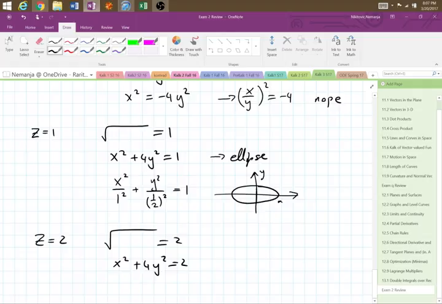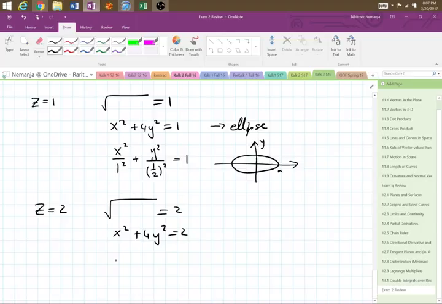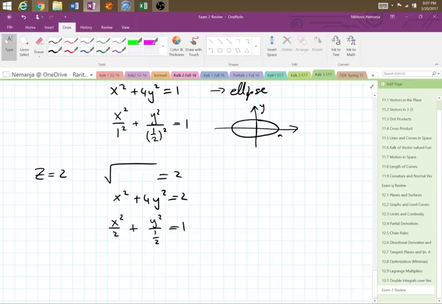Well, we have equal to 2, so you have to divide everywhere by 2. And when you divide everywhere by 2, you will get x squared over 2 plus 2y squared over 1/2 is equal to 1. And now you can get those squares. So x squared over root 2 squared plus y squared over root 2 over 2 squared equals 1.